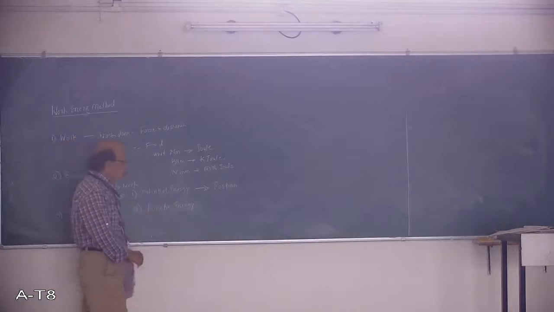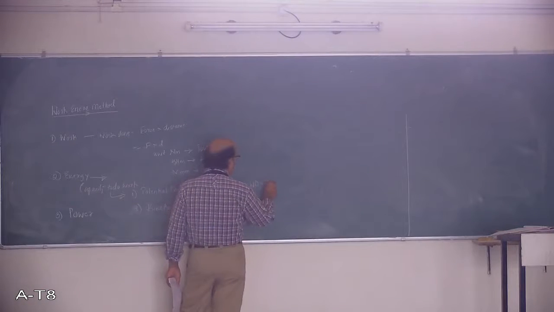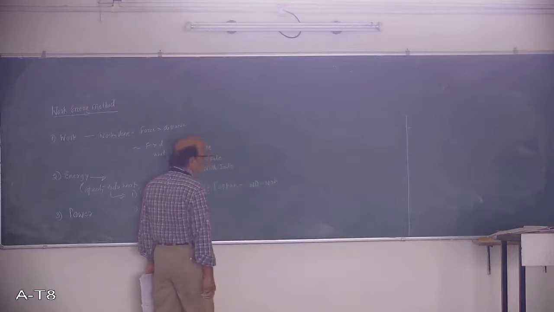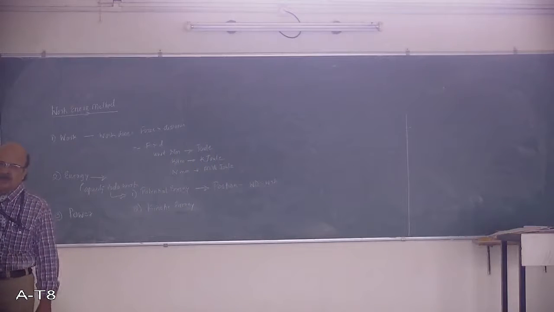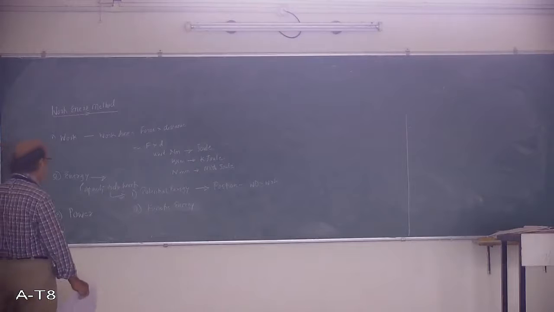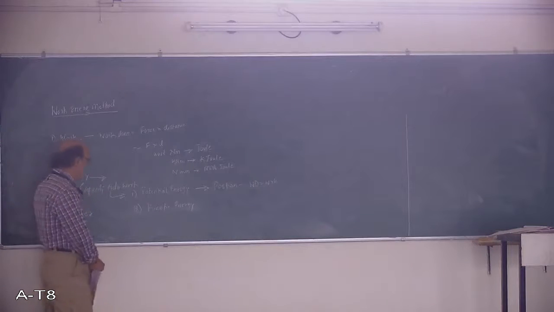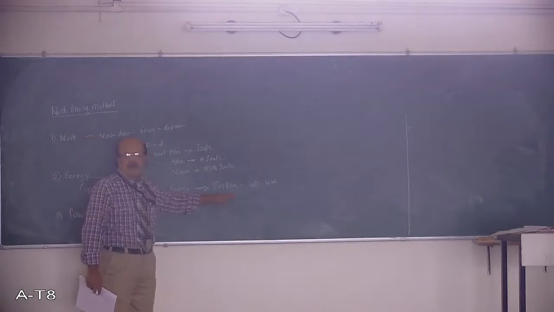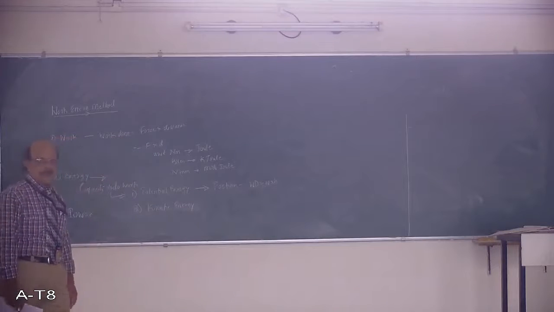The work done in case of potential energy is equal to W into H, where H is the height of the storage and W is the weight. So W into H, that much amount of energy is stored, and that is called the potential energy. That is due to the position, the capacity to do work because of the position. Because of its altitude, you have some energy.